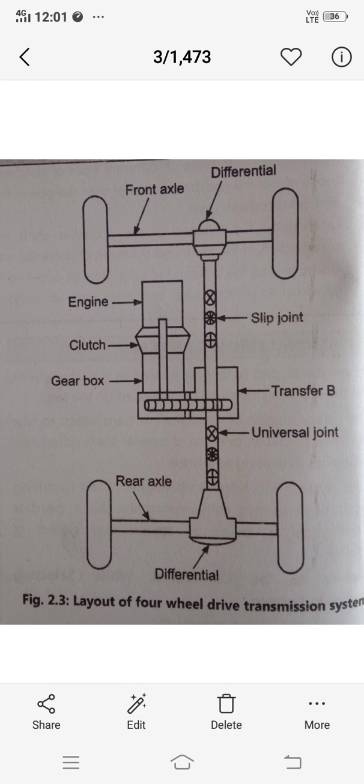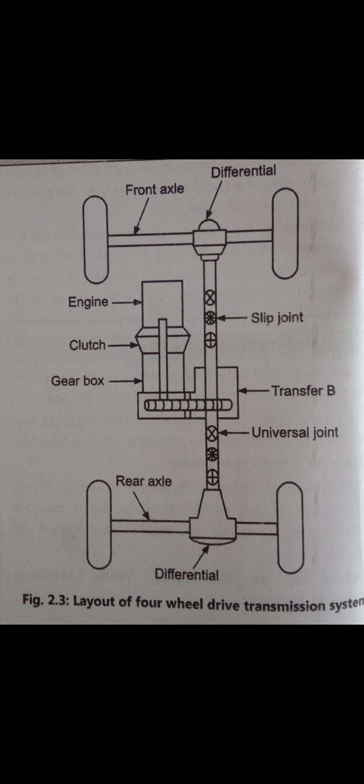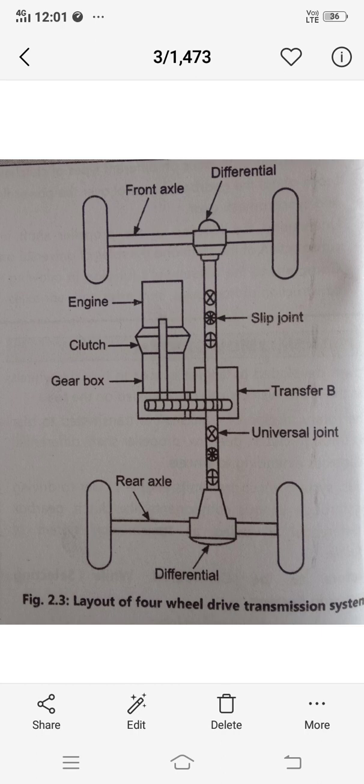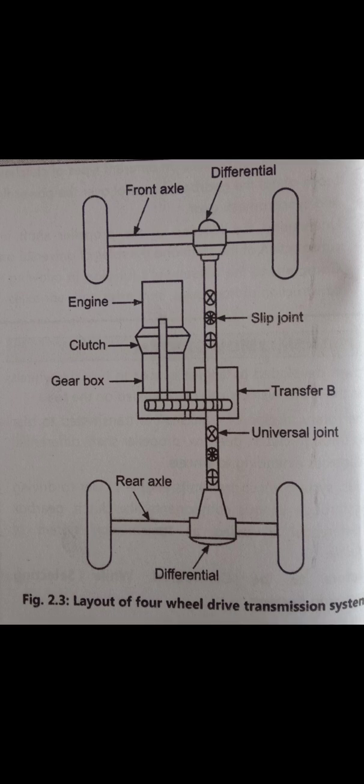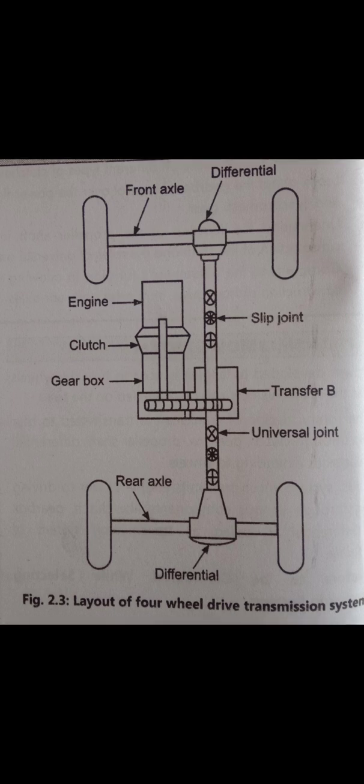A four-wheel drive transmission system is specially designed to make vehicles capable of traveling on rough, unconstructed roads. That means this four-wheel drive transmission system is made for off-road conditions.